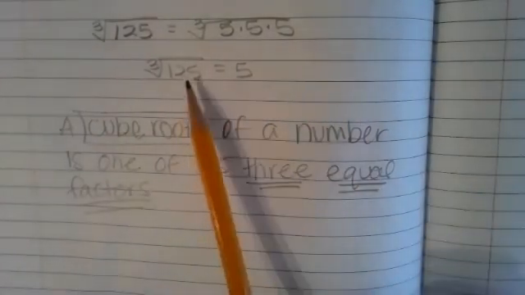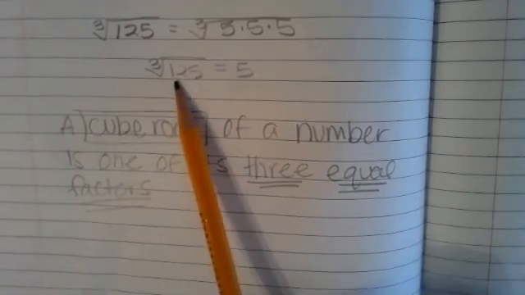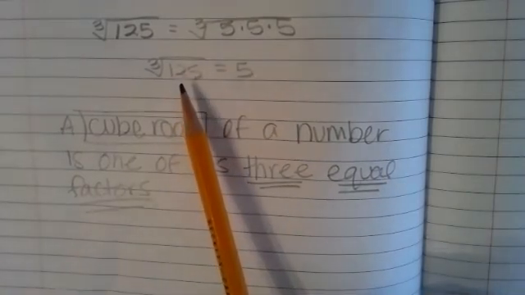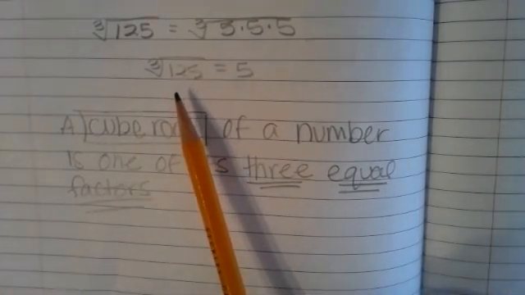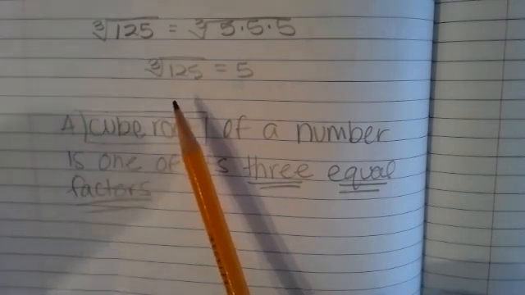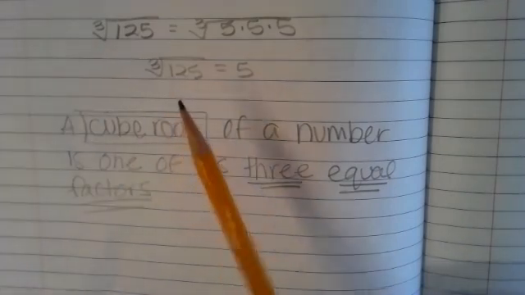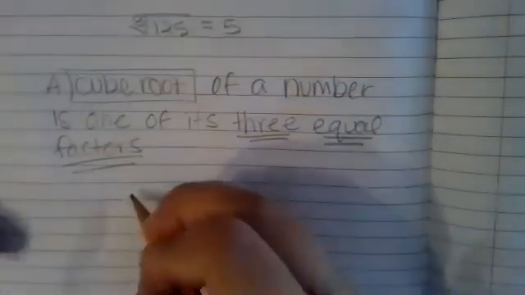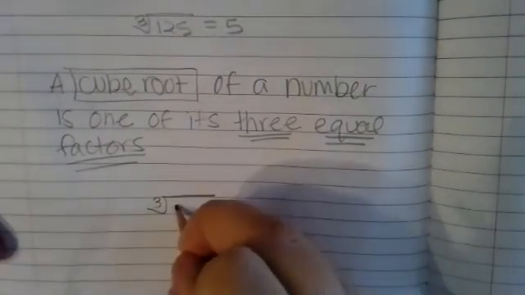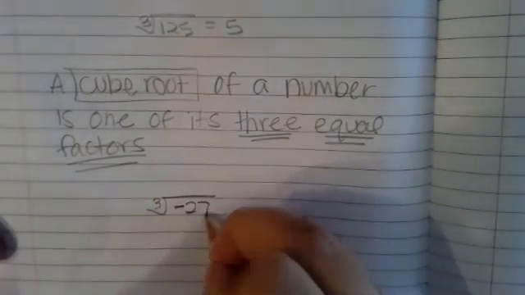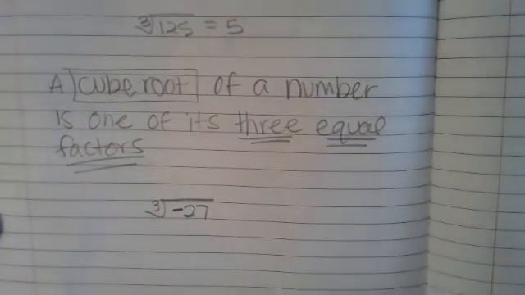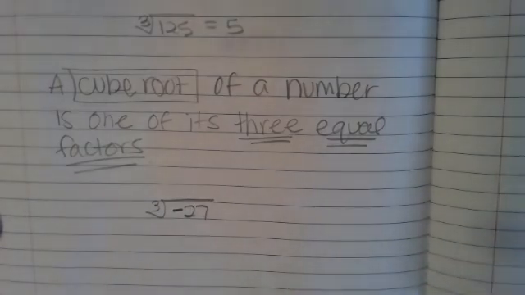So if inside here it's a positive, my answer is no longer plus or minus because it only can be created by having a positive number. If I have the cubed root of -27, the only reason this works is because we are solving for a cubed root. I cannot multiply 2 numbers together in a square root to get a negative.